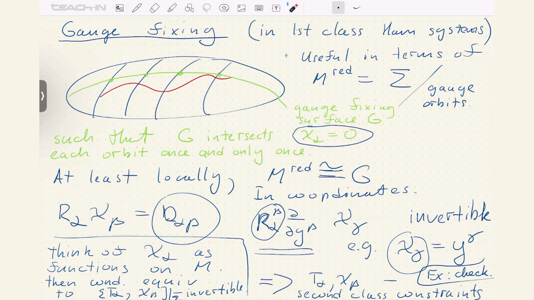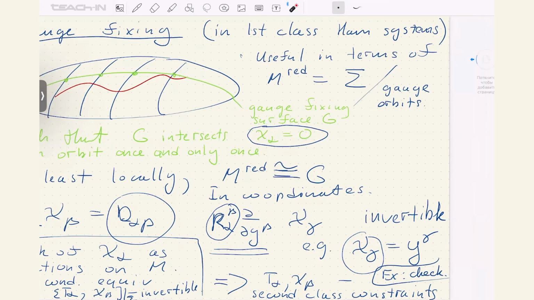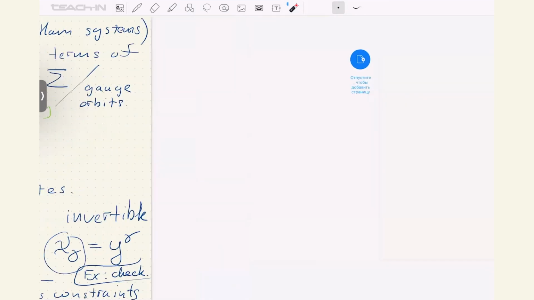So that's the idea. Okay, and in the final few minutes, let me say a few words about the underlying geometry. Because what happens on the constrained surface is quite a typical geometrical situation, and it's good to know the language in which such a situation is usually described.